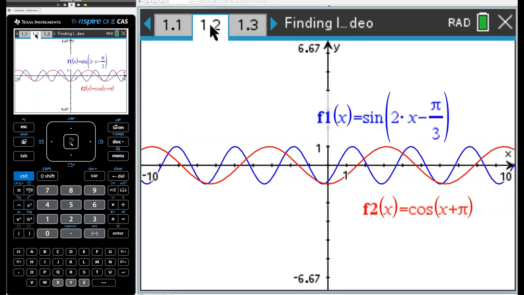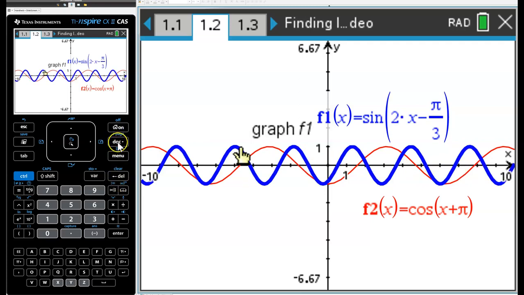So here in our second tab, I have already done this. I have the first function labeled as f1 of x is equal to sine of 2x minus pi thirds, and f2 of x is equal to cosine of x plus pi. I want to find the solutions on the interval 0 to 2 pi, so I'm mainly looking in this window.